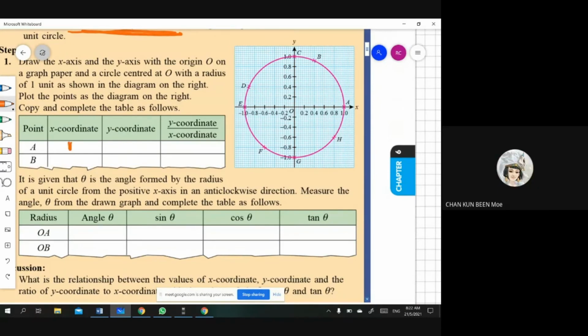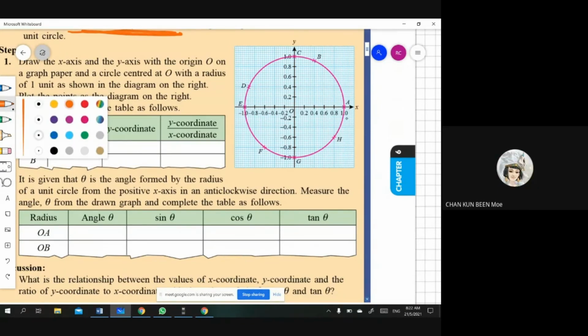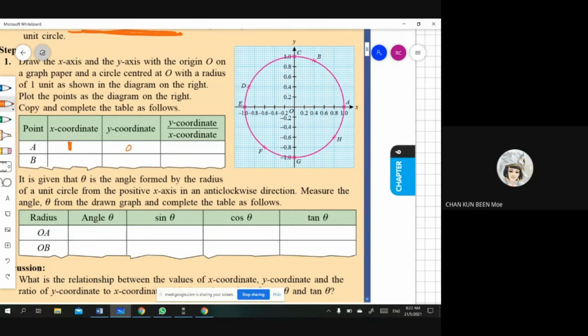Correct. What is the y coordinate of A? 0. Very good. So y coordinate divided by x coordinate, meaning it's 0 divided by 1, equal to 0.